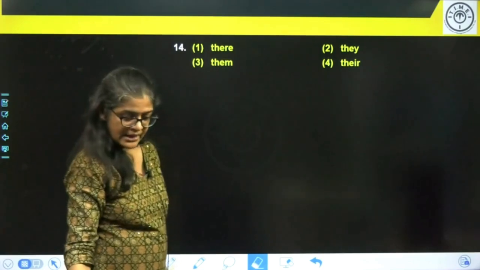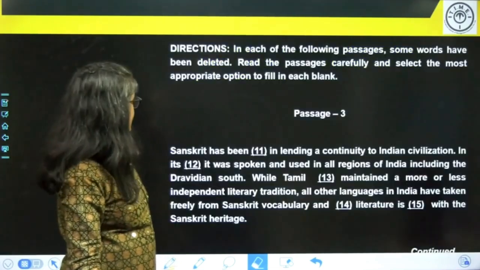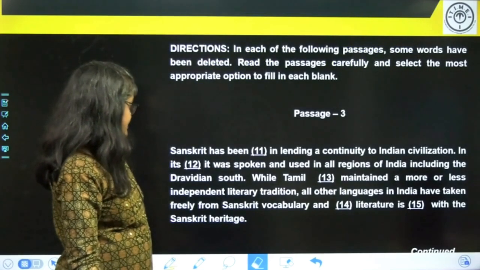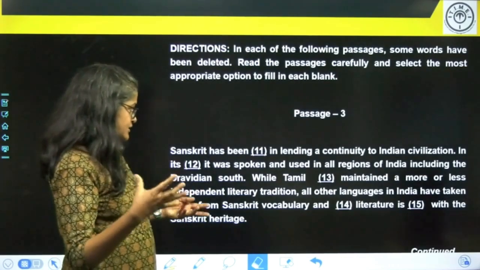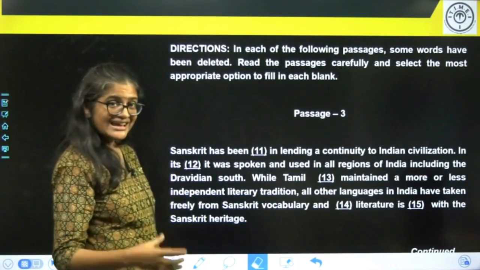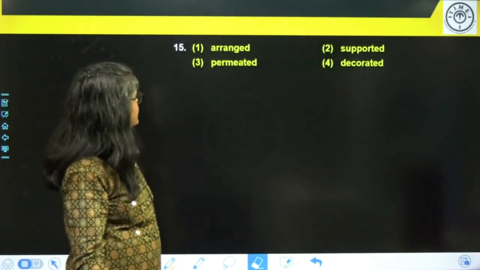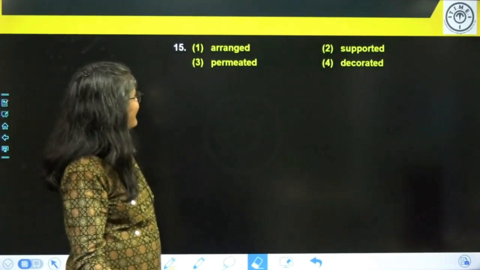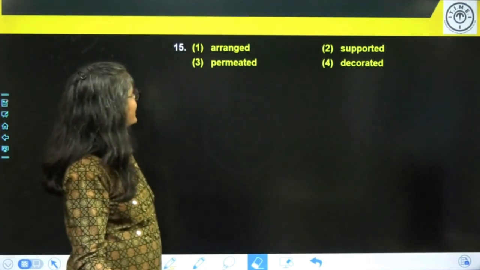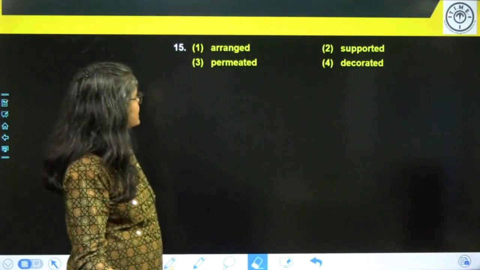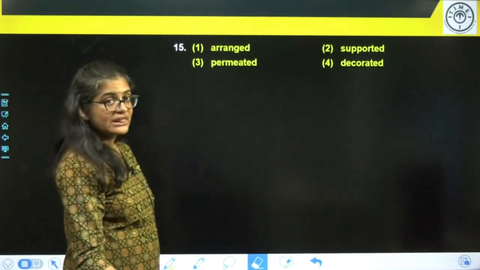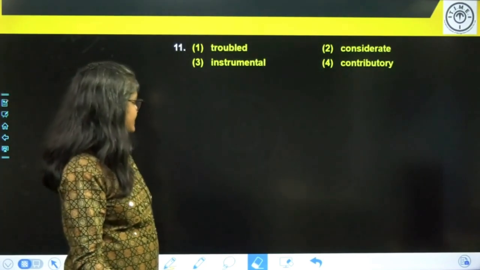Okay. And 15th blank is dash with, replete with, I don't know, enriched with, replete with, something like that. Let us see, is arranged with, supported with, permeated with, decorated with. Let us see once more.